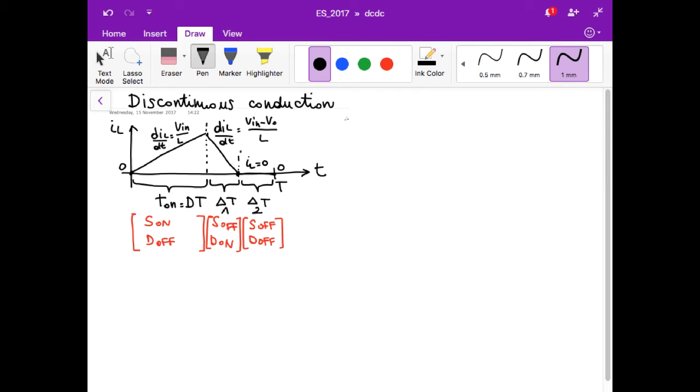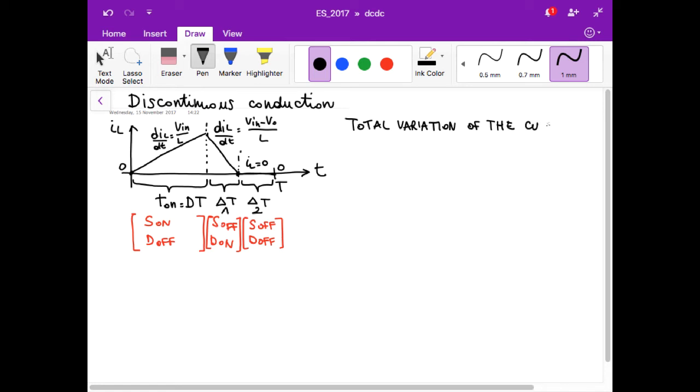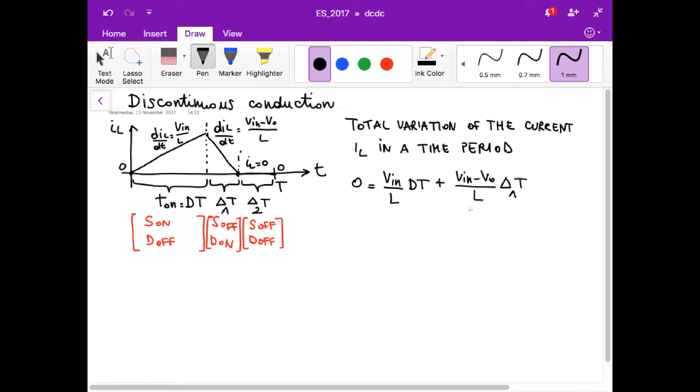So we start from zero: the total variation of the current IL in a time period is 0, equal to the variation during T on, which is V in over L times T on, plus the variation of the current during delta 1 T, which is (V in minus VO) over L, this is the derivative, times the duration, which is delta 1 T, plus 0, because of course this is 0.